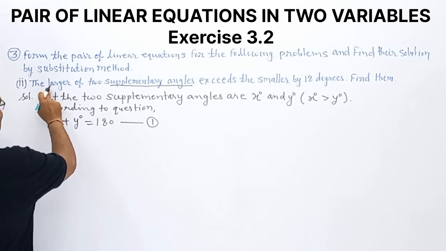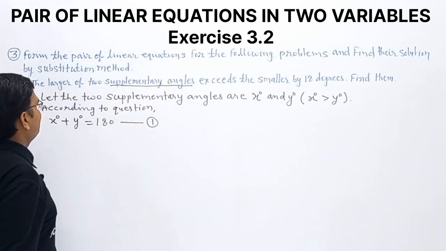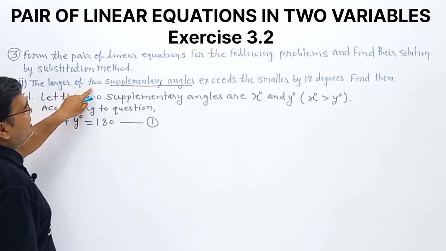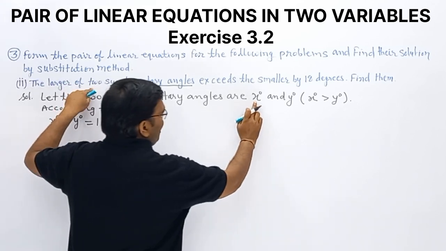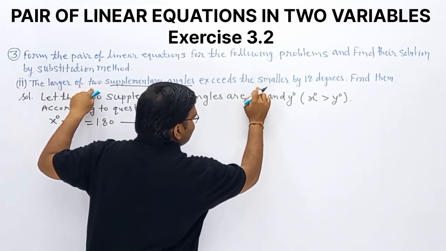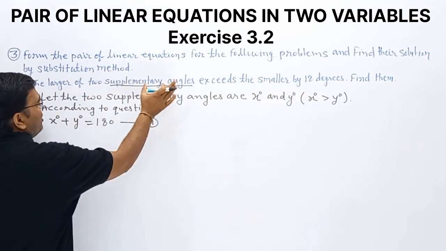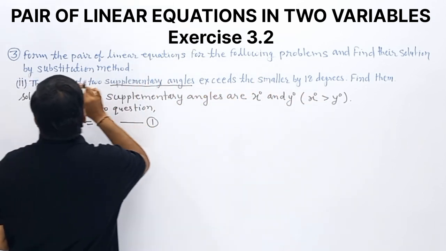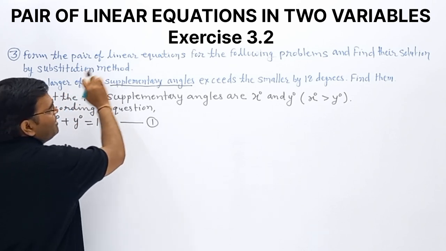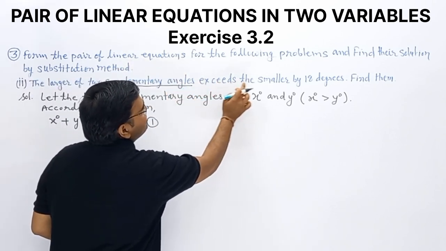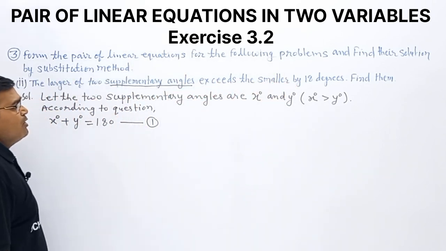Now the larger of two supplementary angles. We considered out of these two supplementary angles, x is greater. Larger of two supplementary angles, out of these two angles, larger one exceeded the smaller by 18 degree. What is the meaning?